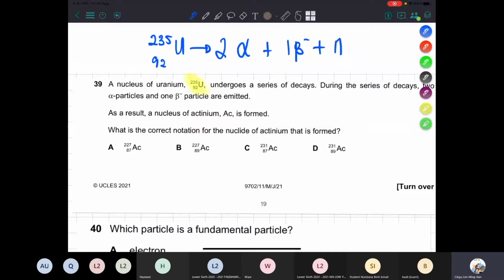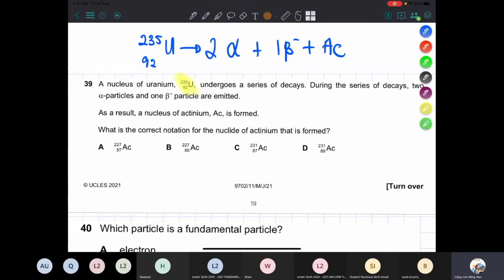As a result, Ac is formed. So what will be the correct notation for the nuclide of the actinium that is formed? Let's do the balancing now. Remember, alpha is a 4,2 helium.